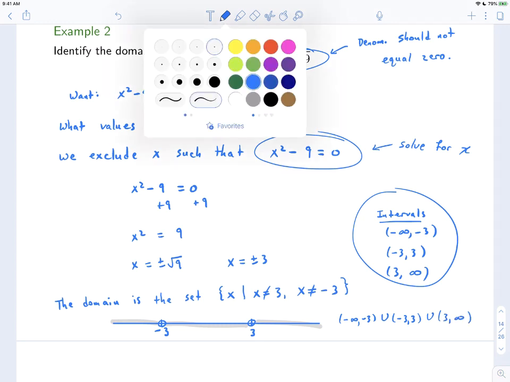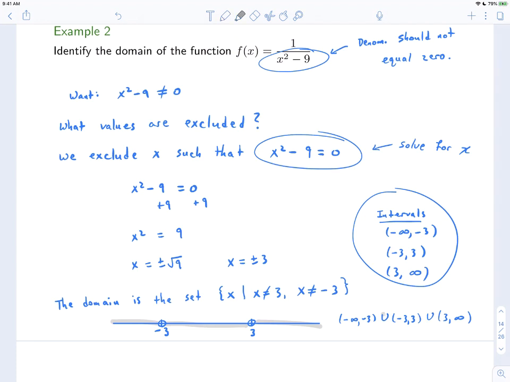This symbol here is called union. The union symbol is a way of combining two non-overlapping intervals, or two or more, in this case 3. The way we understand this is that the x's that are allowed are x's in any one of these intervals. So it means that x can be in this interval, or this interval, or this interval.